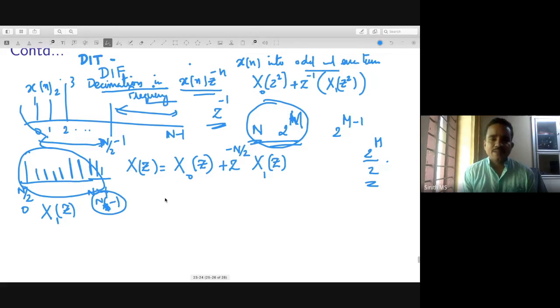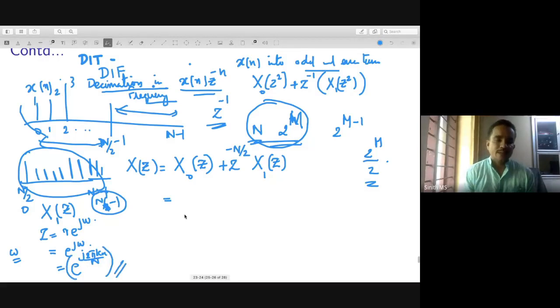Now suppose you know that z is r e raised to j omega, and if you consider this on the unit circle to get the discrete time Fourier transform, and if you sample it, it becomes e raised to j omega first, and then omega becomes discrete, where this is going to become e raised to j 2 pi kn by N. If this is the case, your z is now going to change to WN.